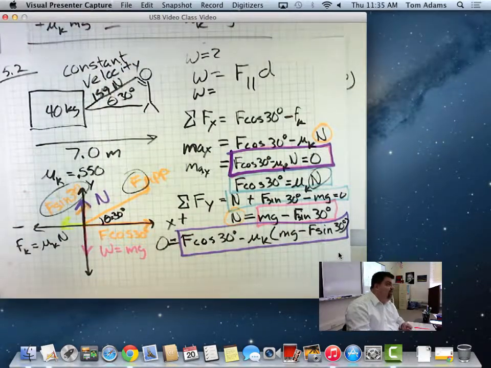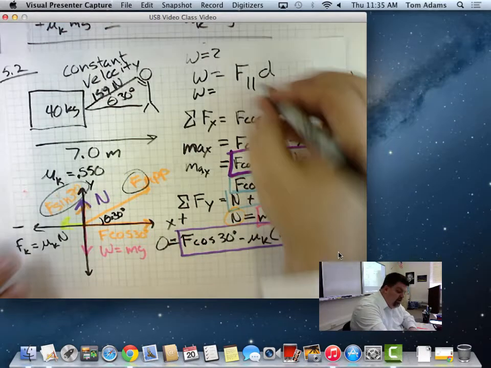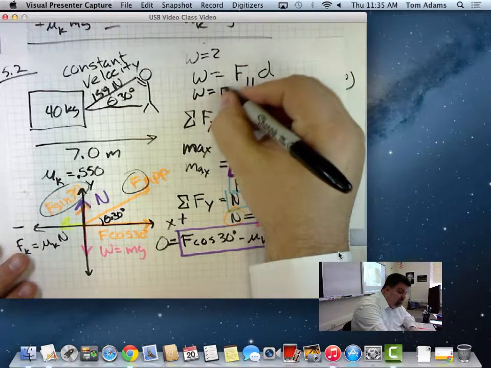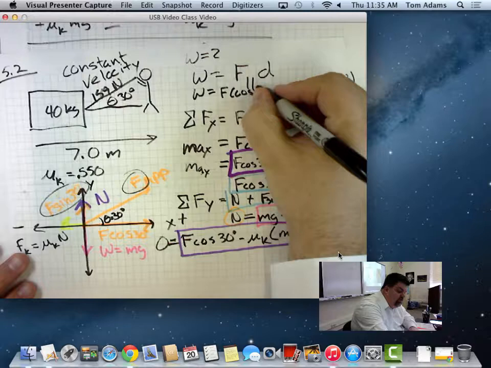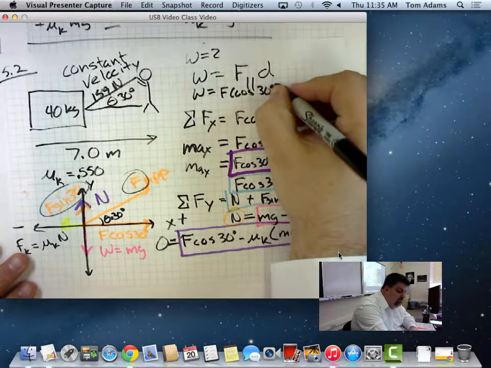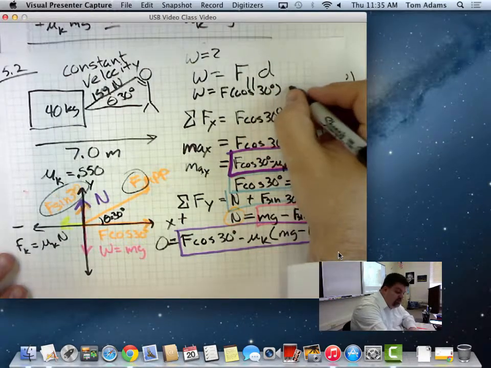Did we figure out the work yet? No. Good Lord, no, we didn't figure out the work yet. But what do we know the formula for work that's parallel to the displacement? It is the force times cosine of 30 degrees times the displacement.